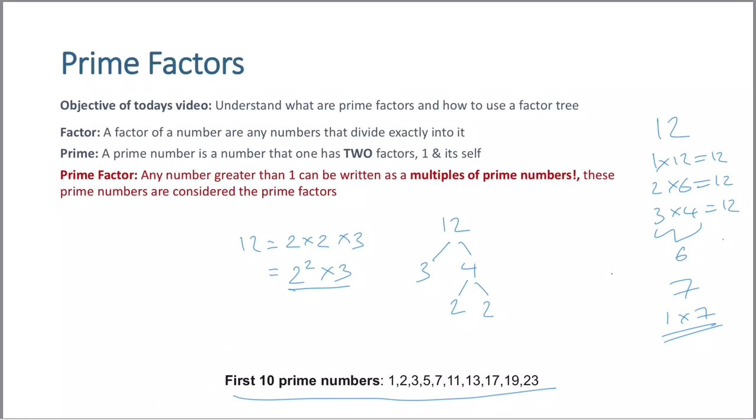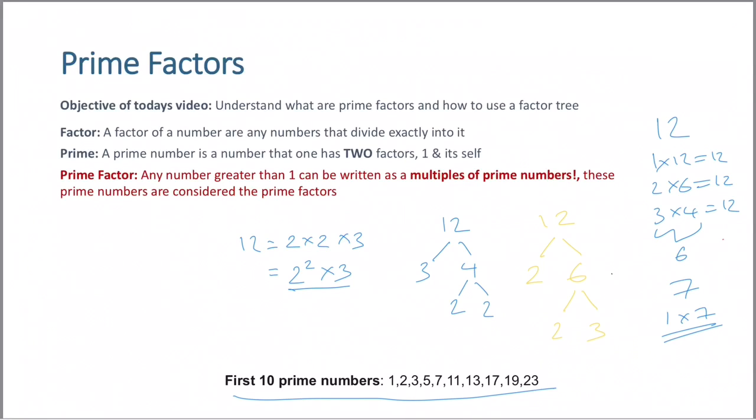No matter what number there is, there's only one set of prime factors for that number. So let's say we did it again, but instead of using 3 and 4, we used 2 and 6. Now 2 we can't break down again. 6 on the other hand we could break down to 2 and 3.